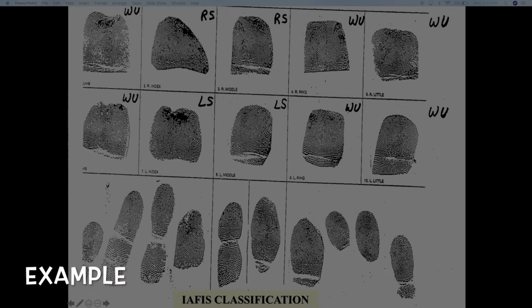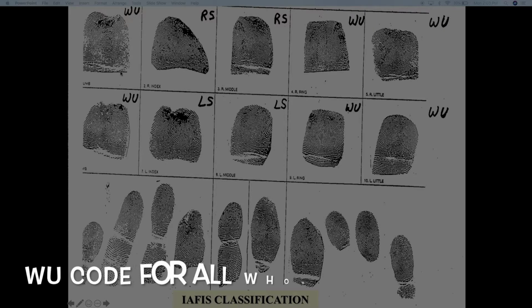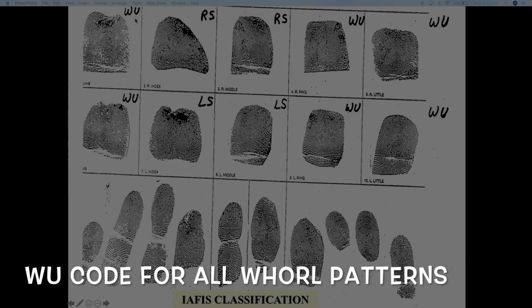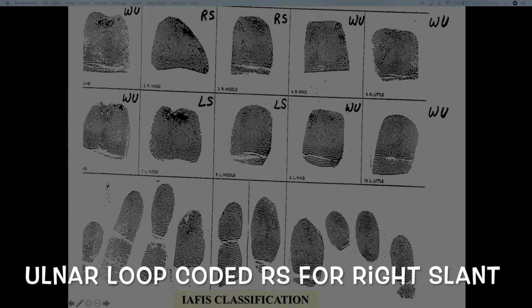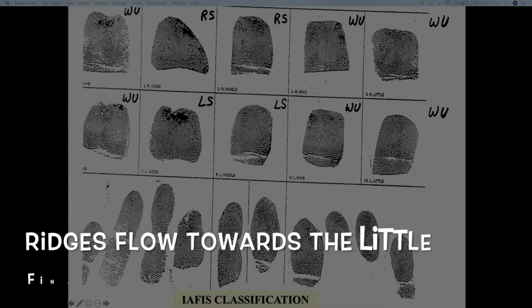Okay, so here's an example of the AFIS classification formula. We have there the whorl pattern. All whorls will be given the symbol W, and here you can see a loop pattern slanting to the right. So that is an RS. That is an ulnar loop. Here another ulnar loop, the flow of the ridges toward the direction of the little finger.